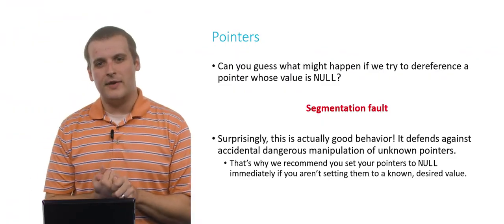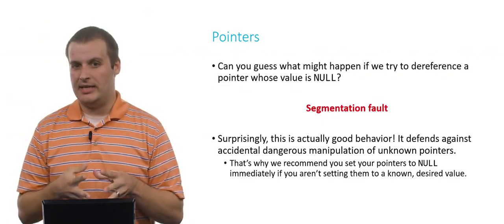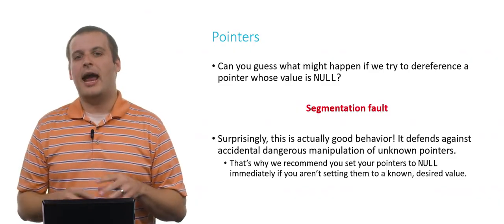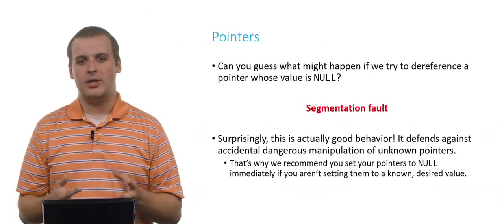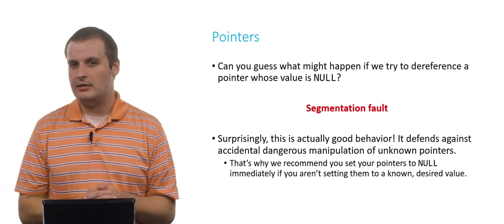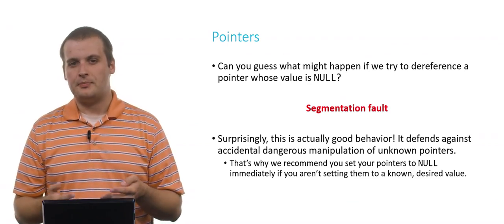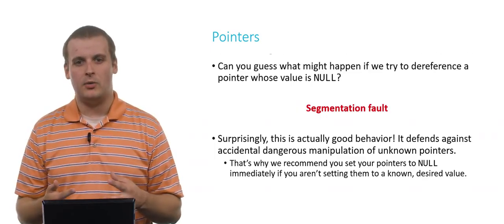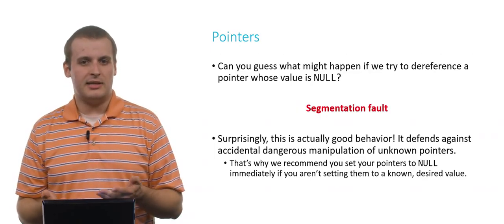Have you ever declared a variable and not assigned its value immediately? So you just say int x semicolon. You don't actually assign it to anything, and then later on in your code you print out the value of x, having still not assigned it to anything? Frequently you'll get 0, but sometimes you might get some random number and you have no idea where it came from. Similarly, can things happen with pointers?